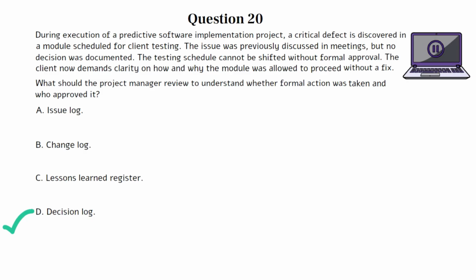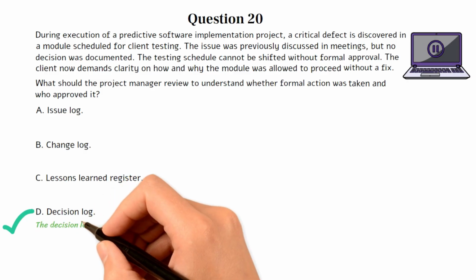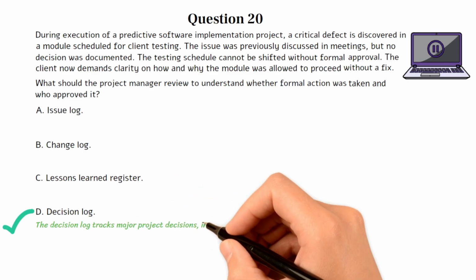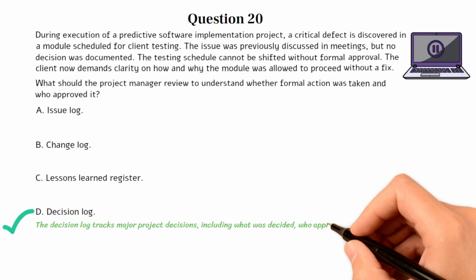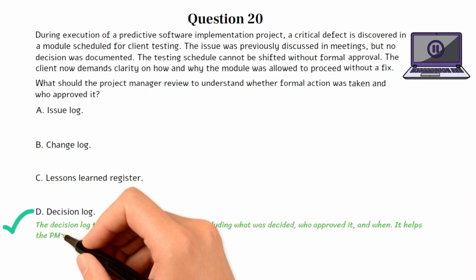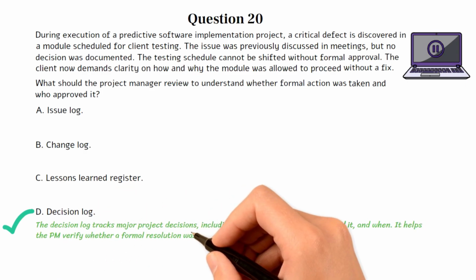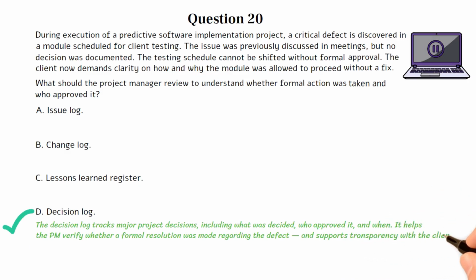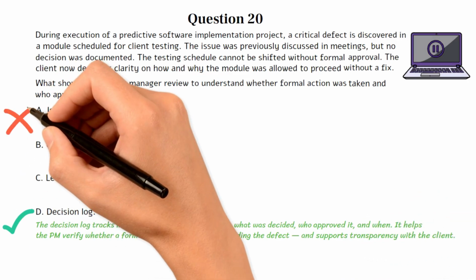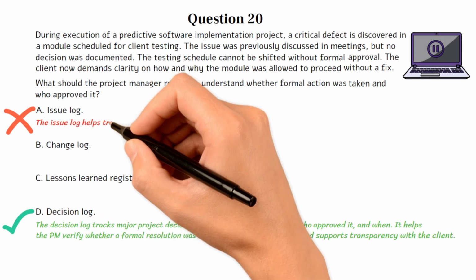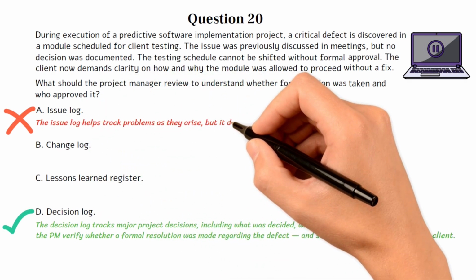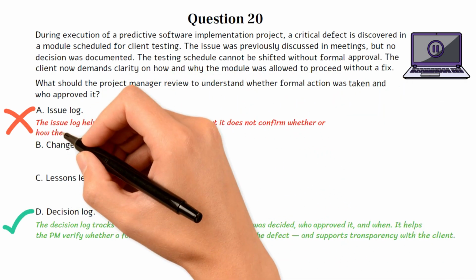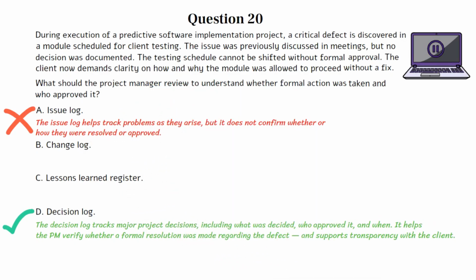Choice D is the best option because the decision log tracks major project decisions, including what was decided, who approved it, and when. It helps the PM verify whether a formal resolution was made regarding the defect and supports transparency with the client. Choice A is incorrect. The issue log helps track problems as they arise, but it does not confirm whether or how they were resolved or approved.